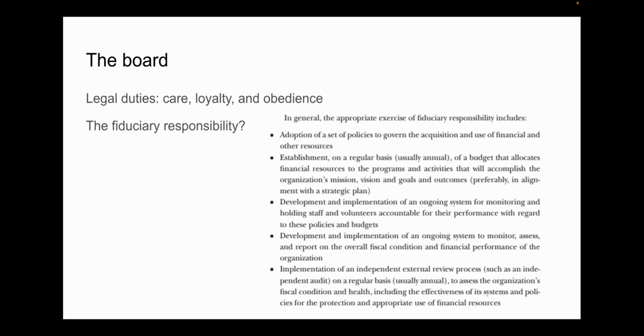If you don't have donations, or you can't bring financial resources to the organization, but you have strong connections that might be helpful to the nonprofit organization, it's also okay to sit on the board. It doesn't mean that as a board member you have to bring in financial resources.